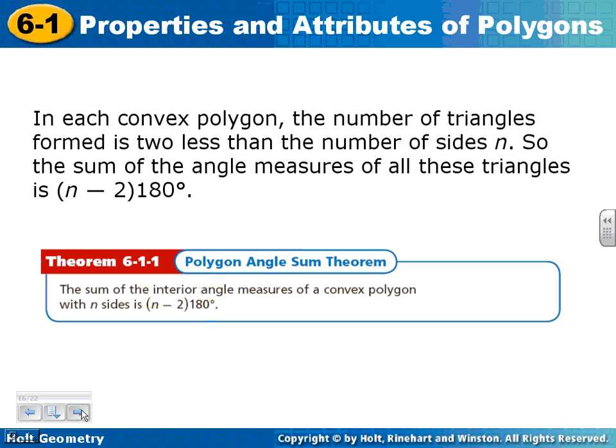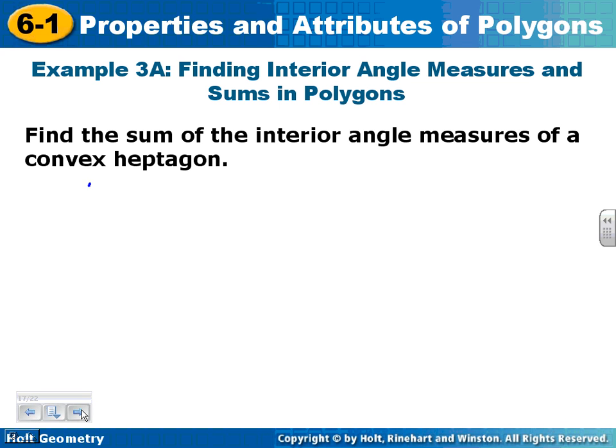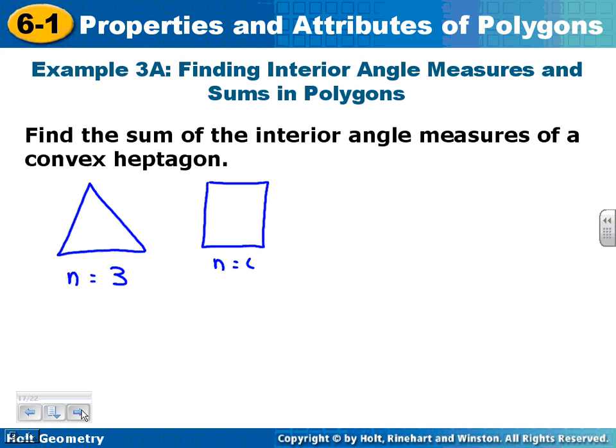Well, what does that mean? If I have a triangle, n is 3 because it has 3 sides. If I have a square, n is 4 because it has 4 sides. Back to the triangle, what's the measure of these 3 angles combined? We know it's 180, but using the theorem, it's n minus 2 times 180.